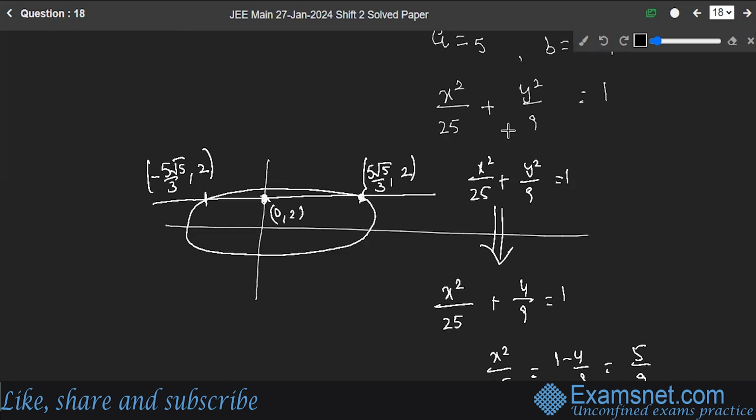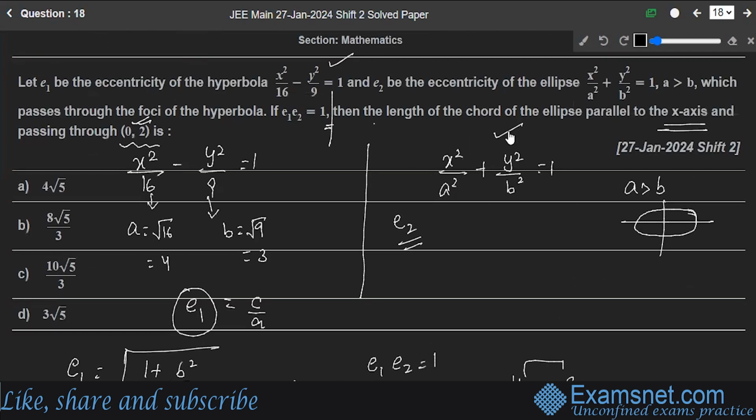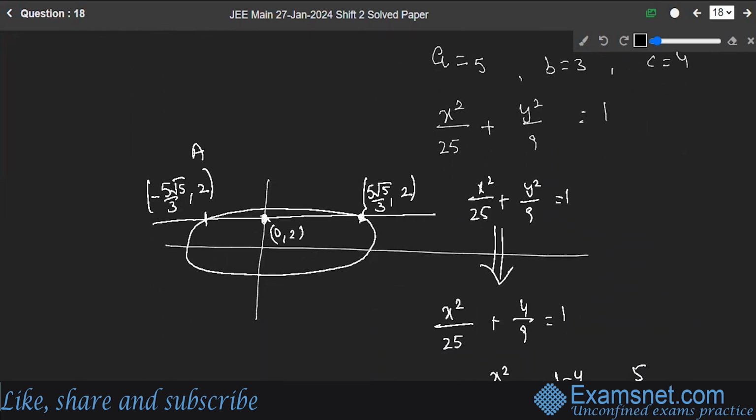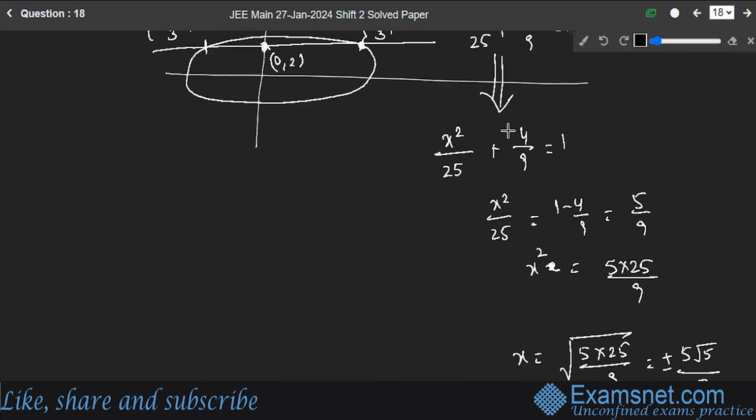Okay. What you have to find out was length of the chord of the ellipse parallel to x-axis. So basically I have to find out, if let's say this is point A and this is point B, you have to find out AB. So easy now.